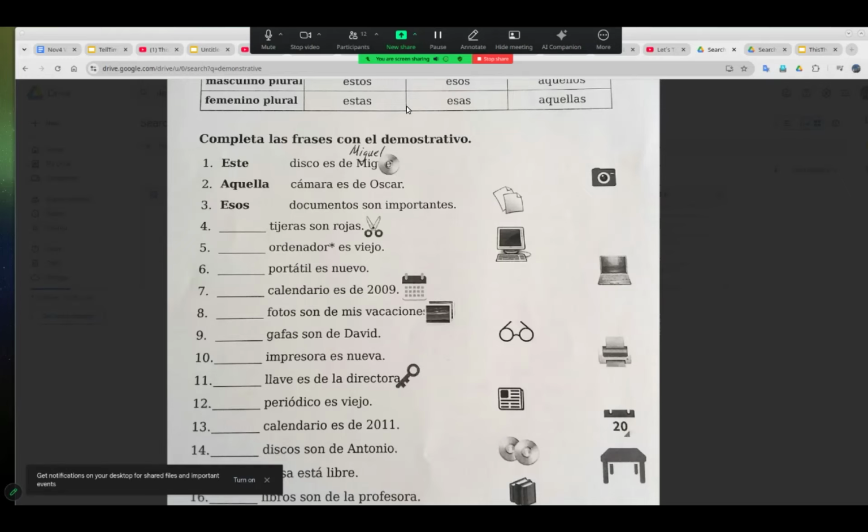It's far away. And esos documentos, here we've got something in the middle space, right? Disco, that was close to the sentence. Documentos, this is in the middle space. Esos documentos son importantes. Those documents are important. So you've got this category if the drawing is close to the sentence.